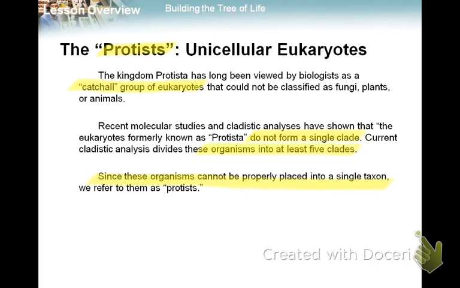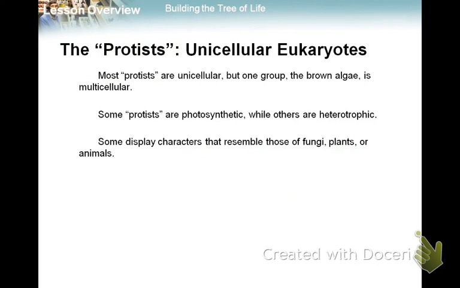So since these organisms can't be properly placed into a single taxon, we refer to them as protists. Most are unicellular, some are multicellular, some are photosynthetic, others are heterotrophic, and they differ depending on the organism. They have characteristics that resemble fungi, plants, or animals.